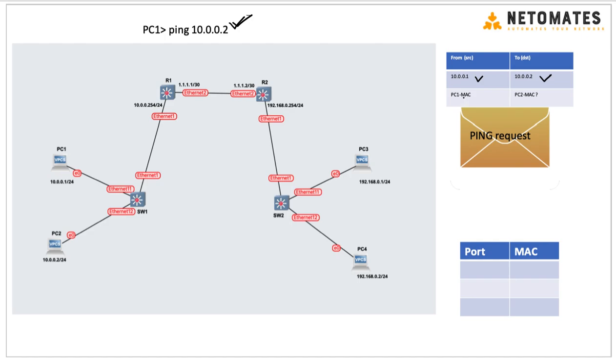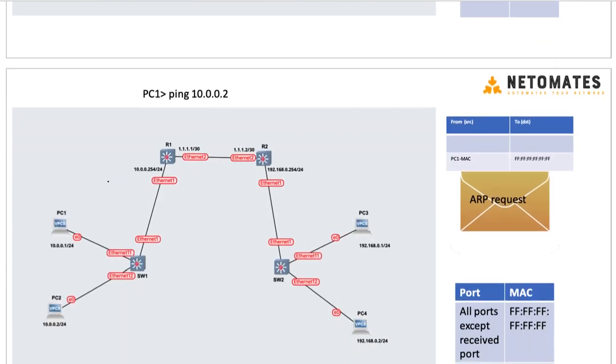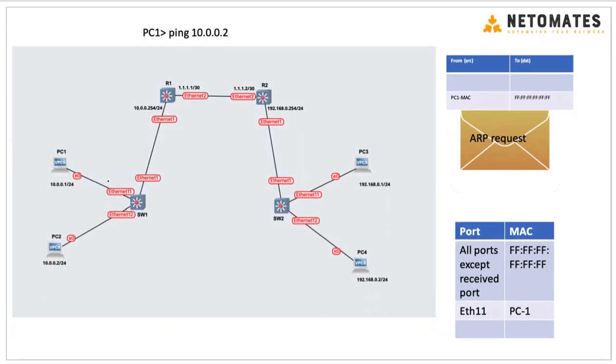Then the source address will be PC1 MAC and the destination address should be PC2 MAC. So how will PC1 know the PC2 MAC address? For that, it will send an ARP request.